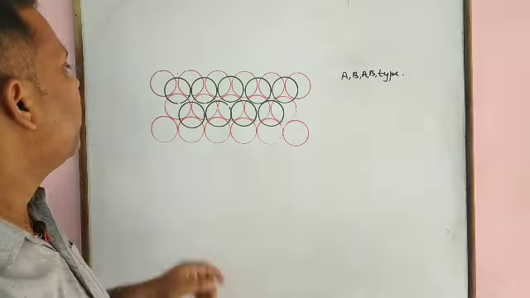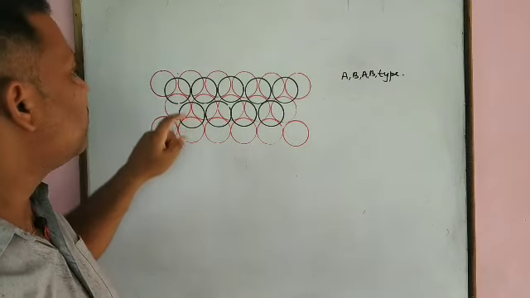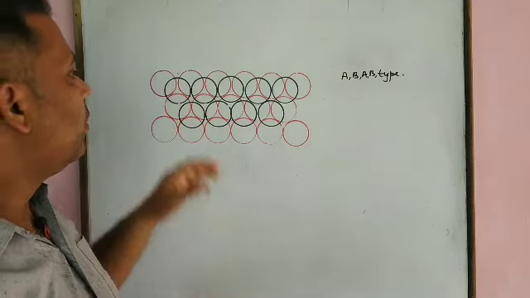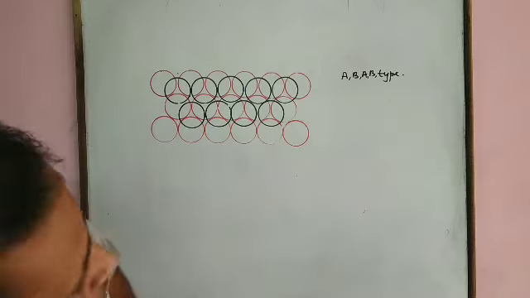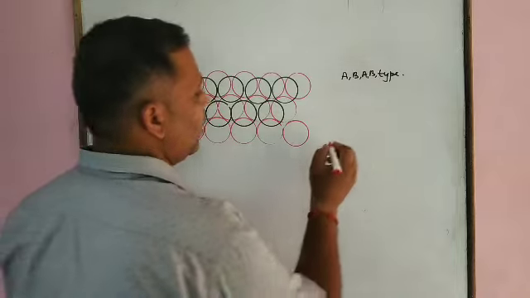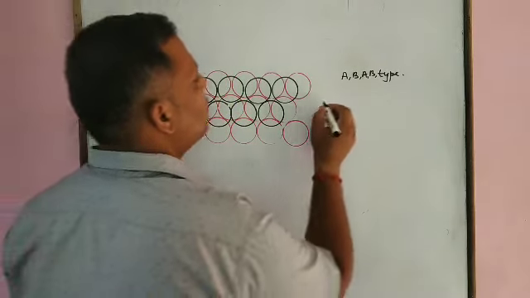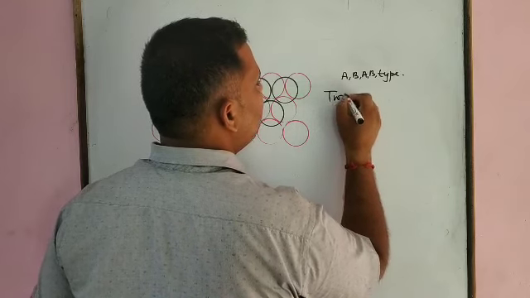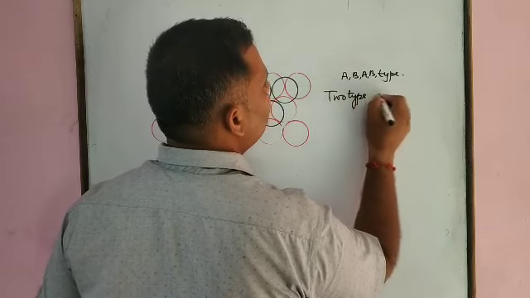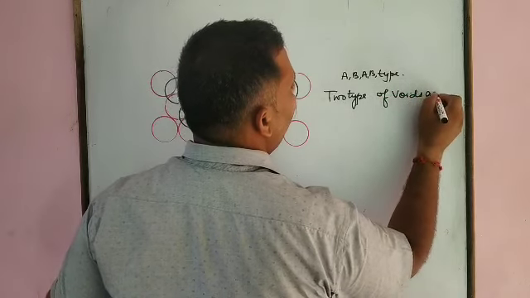Let us see. This one is the first void. If we are discussing this void, it will be like this. What we see, two types of voids are created.